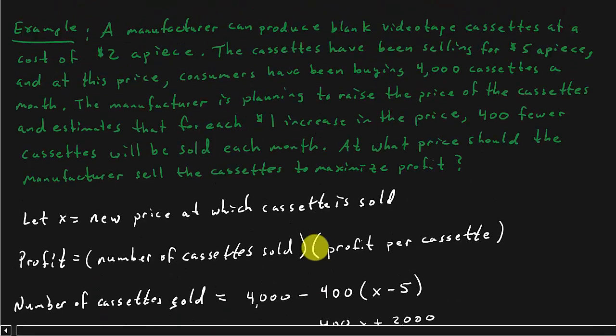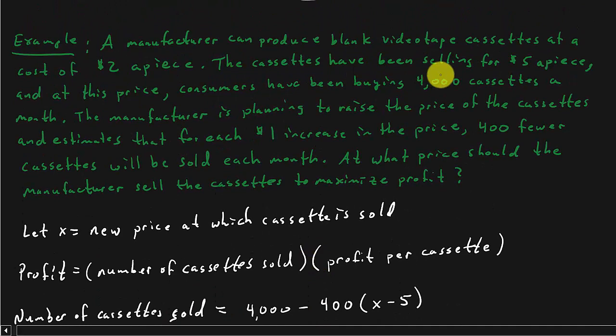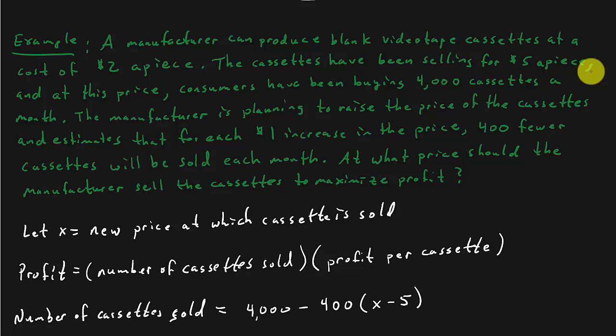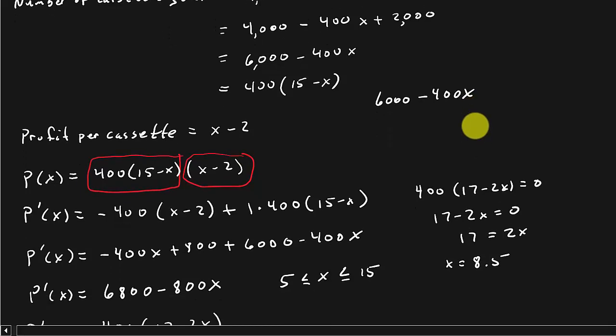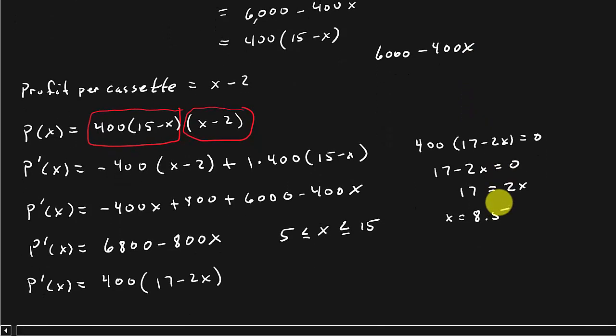Well, let's look at this. So it says the cassettes have been selling for $5 a piece. So that was the price that they were just selling for already, and we're going up from there. Okay, so x has to be larger than 5, or it can be greater than or equal to 5. But then it has to be less than or equal to 15. The less than or equal to 15, and why is that?